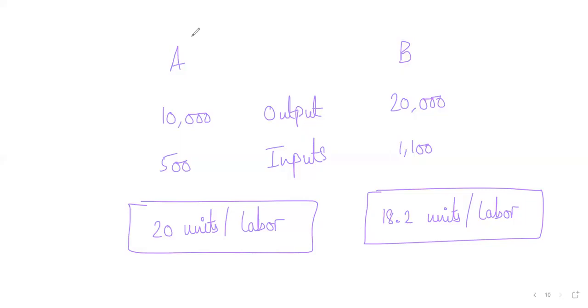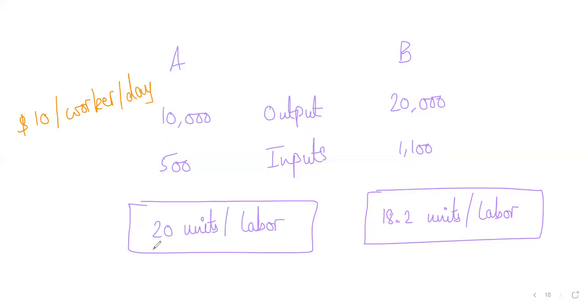Inversely related. Okay. Now the thing is, 20 units per labor, and let's assume that the wage rate in this country is fixed. So let's say $5 per worker per day, or let's make it 10 dollars per worker per day is the wage that you will receive.